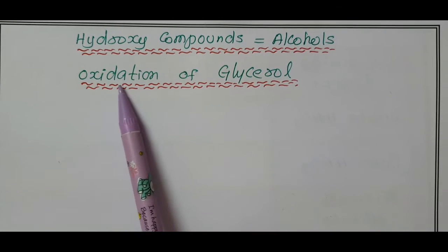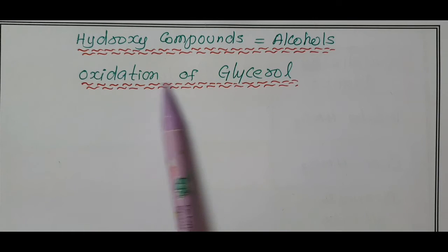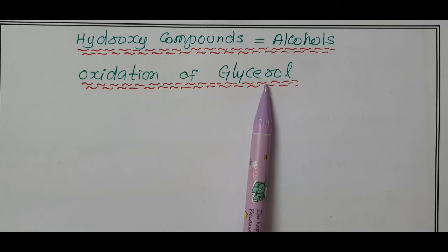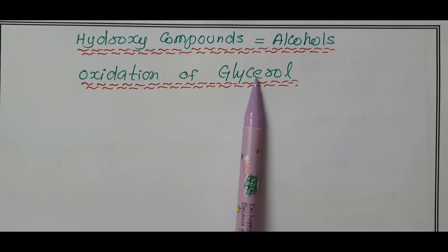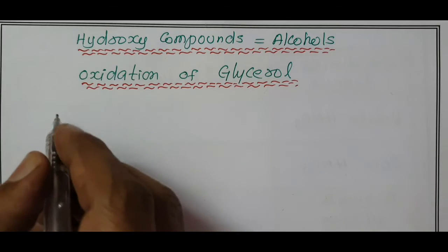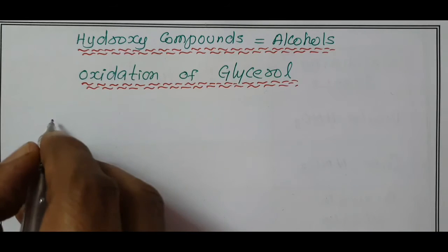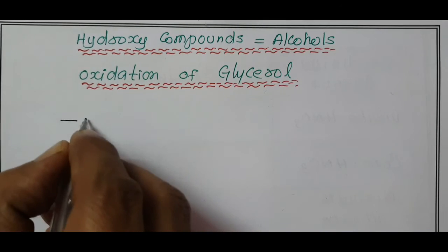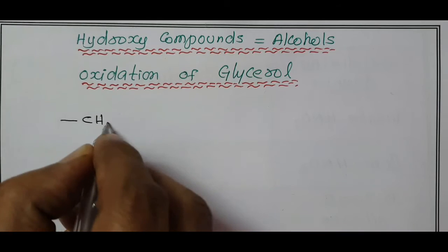In this video we are going to discuss the oxidation of glycerol, a trihydric alcohol, propane-1,2,3-triol. Before entering into the oxidation of glycerol, as usual I would like to recall the oxidation of primary alcohol.